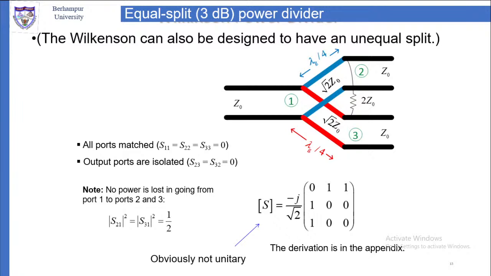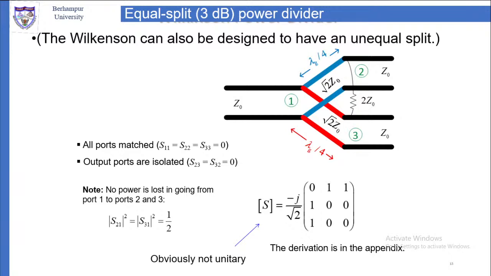There are a few things that you should remember. There are 3 transmission lines, each of characteristic impedance Z0. Transmission line 1 is connected to transmission line 2 and transmission line 3. In between the connection there is a lambda g by 4 transmission line of characteristic impedance root 2 into Z0.